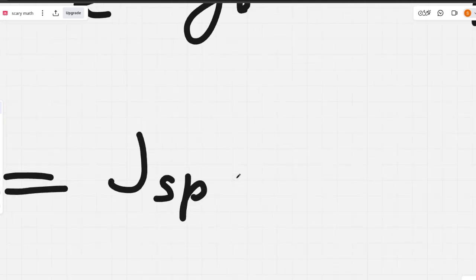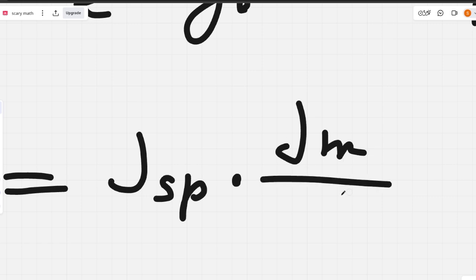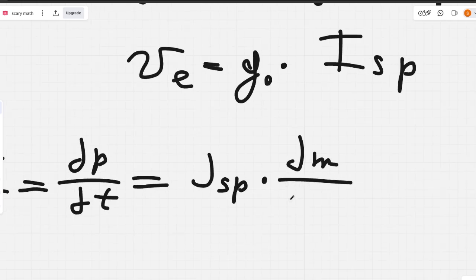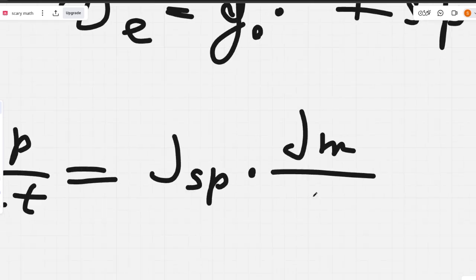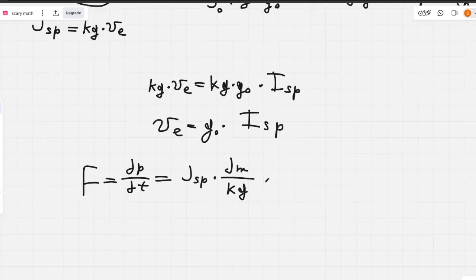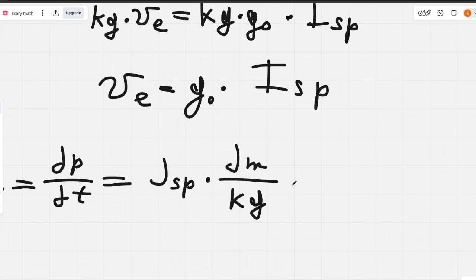So what we're going to do is multiply it by the change in mass divided by kilogram. And that's just gonna be the impulse, but we also want to divide it by time.